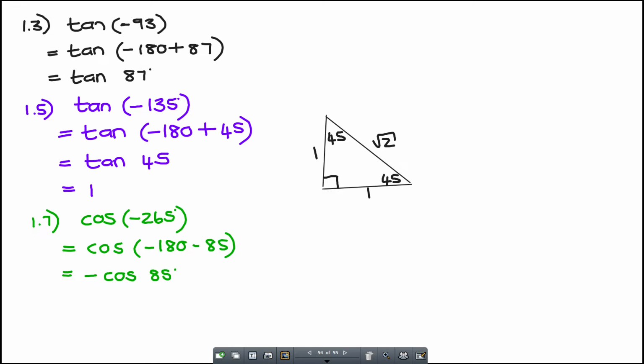Okay, dan cos minus 265. That's the same as minus 180 minus 85. It gives me minus 265 again. Nou die minus 180 minus daai skerp hoekie places me in the second quadrant. And in the second quadrant, cos is negative. So dit is hoekom hy raak minus cos 85.